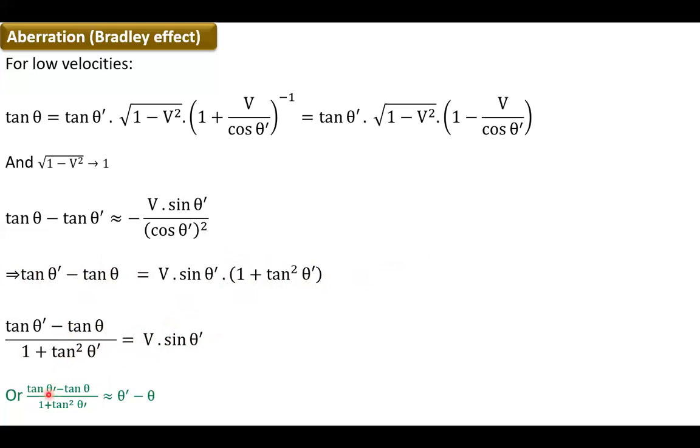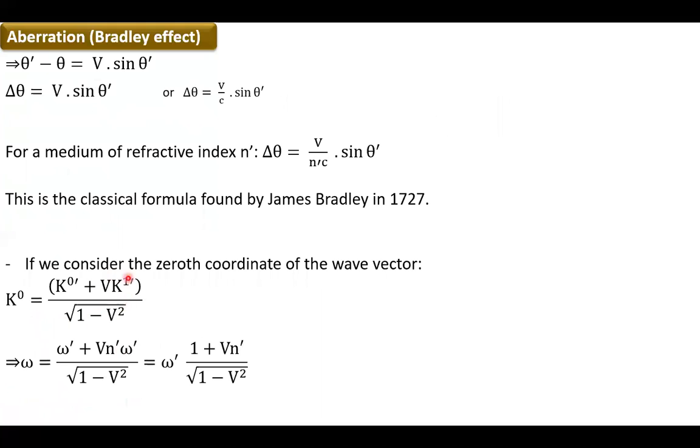And also, from trigonometry, tangent theta prime minus tangent theta over 1 plus tangent squared is almost equal, for small angles, to theta prime minus theta. So you can replace it to get theta prime minus theta, which is equal to v sine theta.